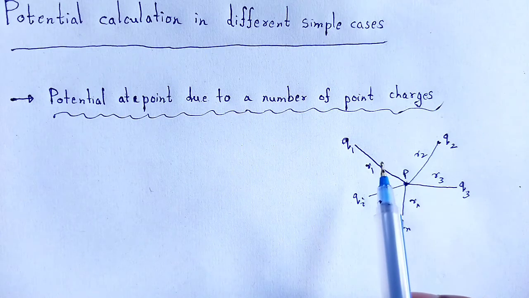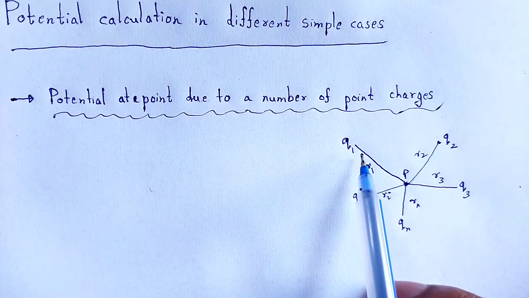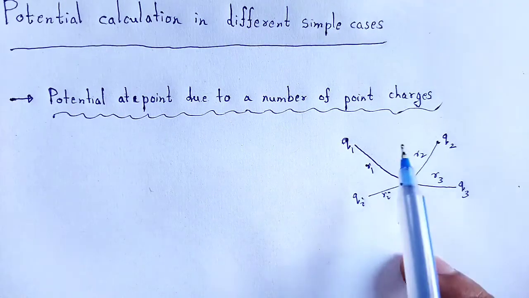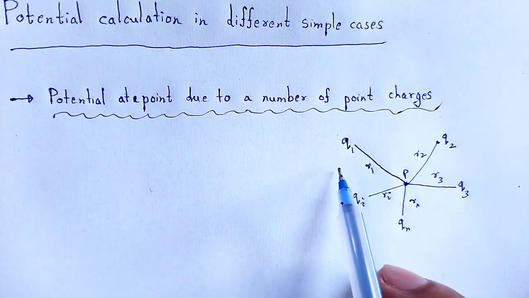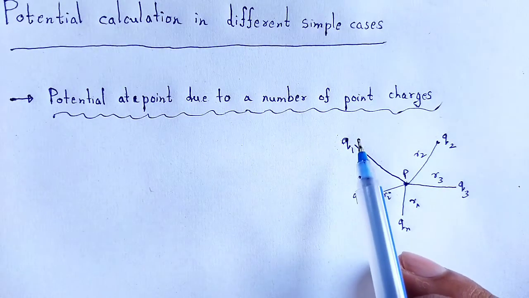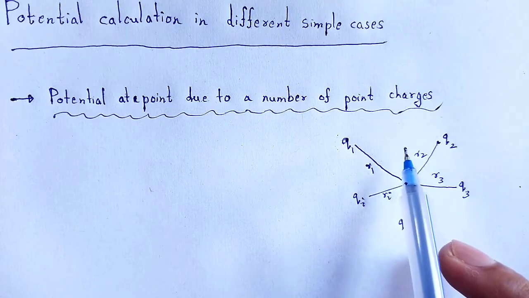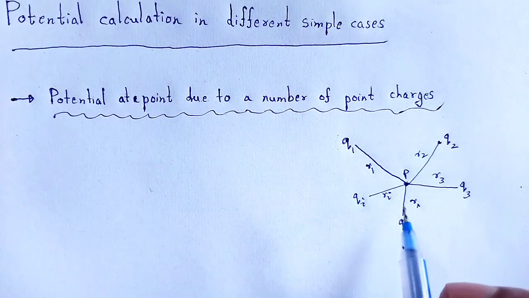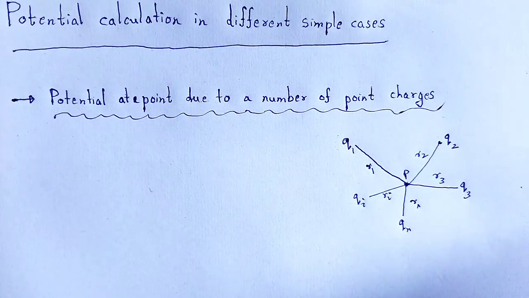First we calculate the potential at point P due to the charge Q1. In that case, we assume that all the other charges are absent.